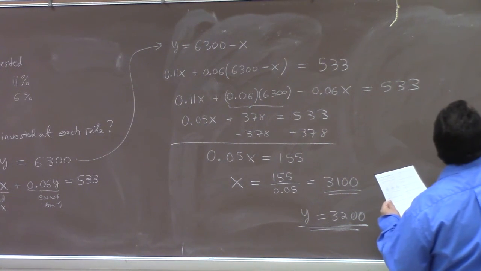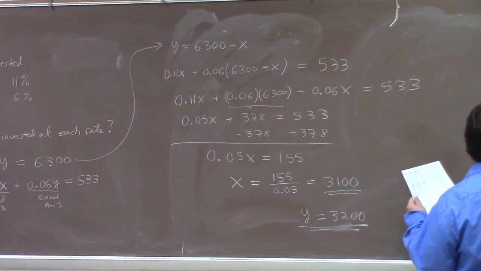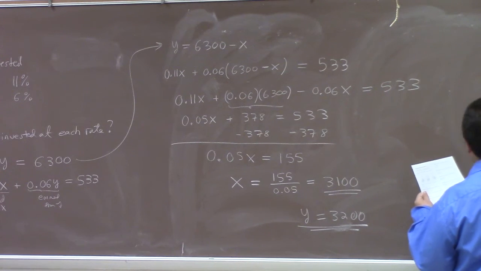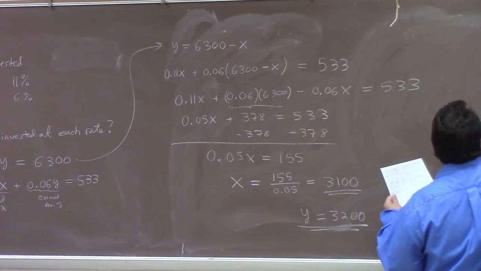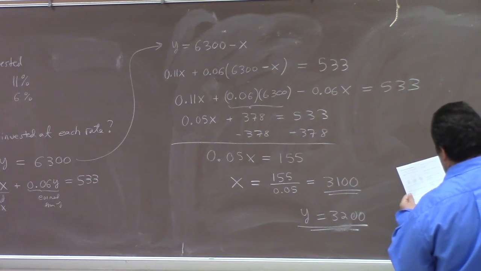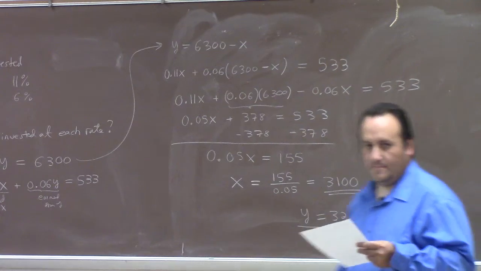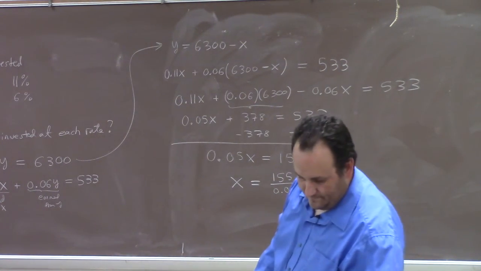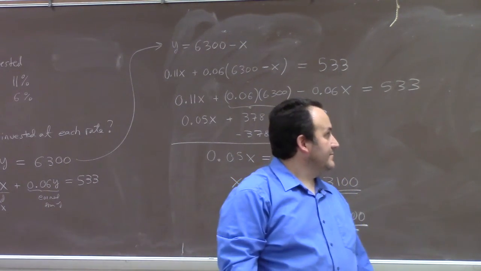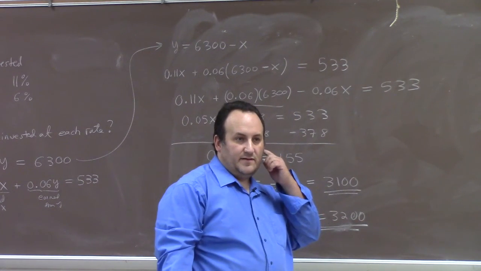We've got 2x minus 6y equals 4, and we've got 2x minus 6y equals 5. Elimination's kind of going to be a bear here.